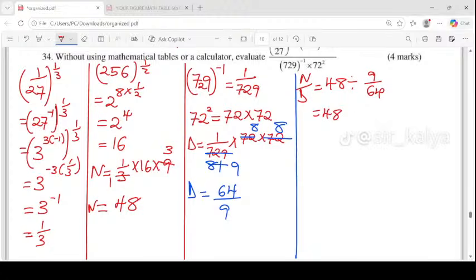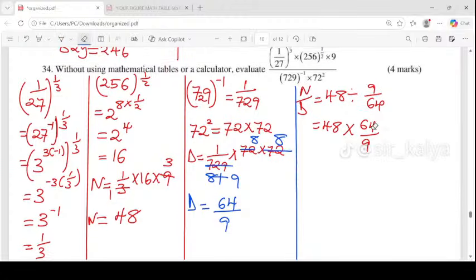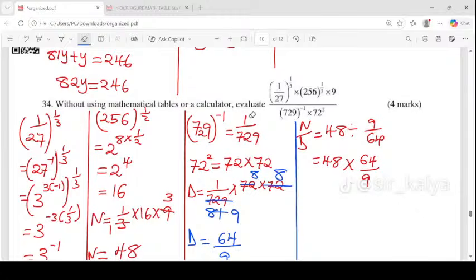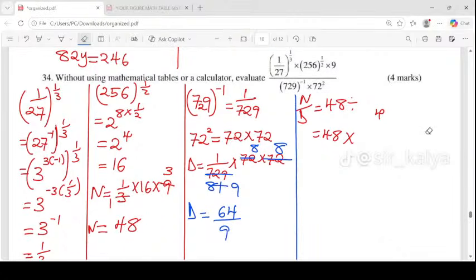The division sign changes to multiplication, then the fraction reciprocates. Remember, the denominator is already 64 over 9 from our calculation, so that is what I want you to take note of.